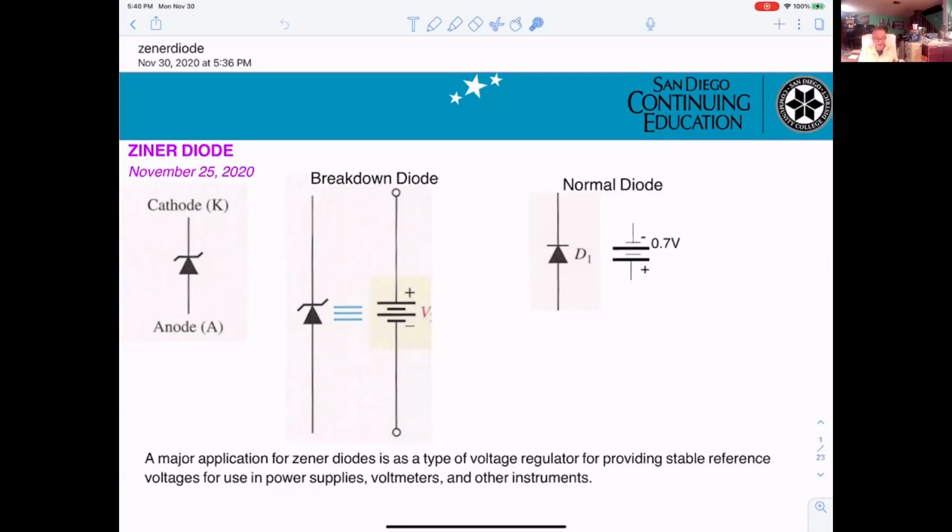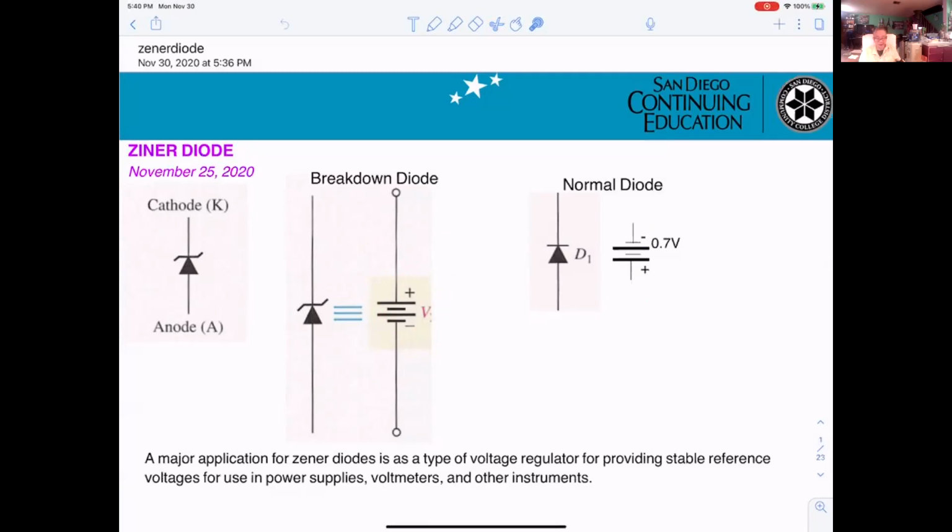Now, the Zener diode will work two ways. If they break down, they work like this guy here. It's a breakdown, okay? However, they can also work like a normal diode. So this will be positive and this will be negative, just like a normal diode.